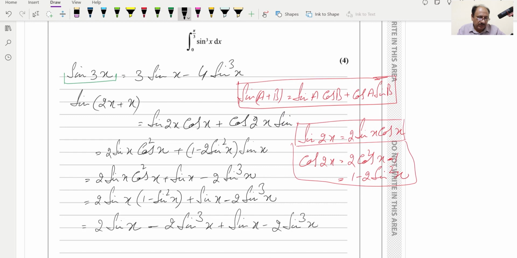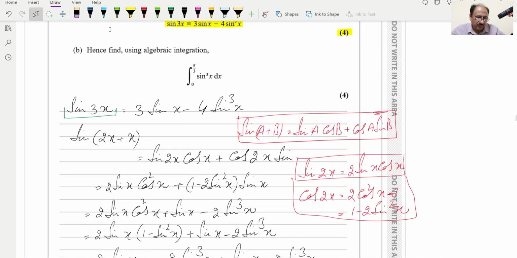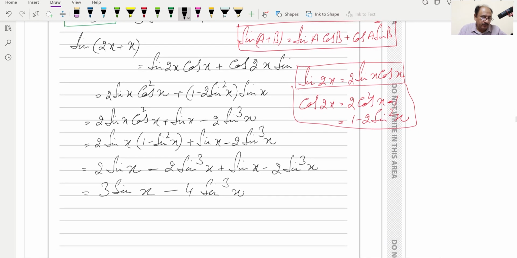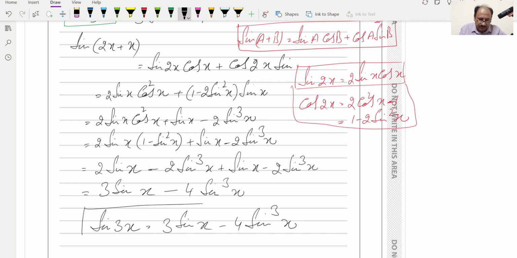And further we can check what we have to prove: 3 sine x minus 4 sine cube x. Yes, so we can combine this and this. So this will be 3 sine x, minus, we can combine this and this, so it will be minus 4 sine cubed x. And this was our target to prove, so we can write sine of 3x is equal to 3 sine x minus 4 sine cubed x, and this was the result which we were supposed to arrive at.